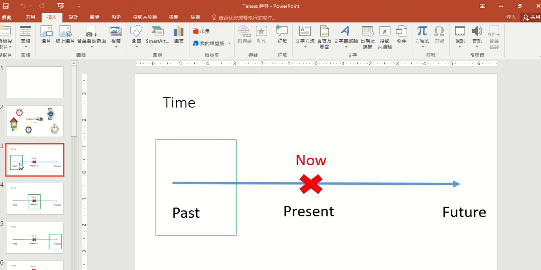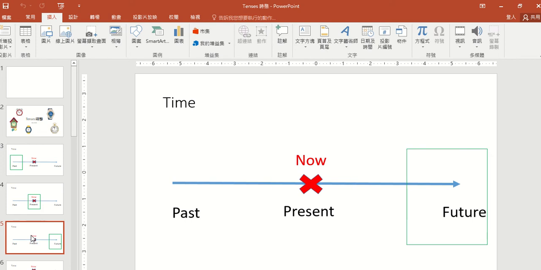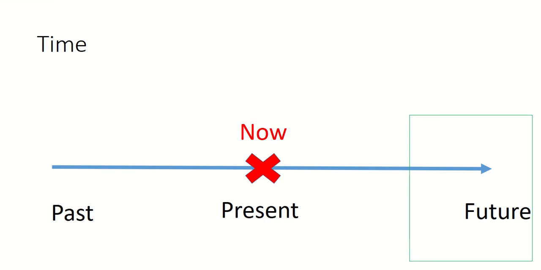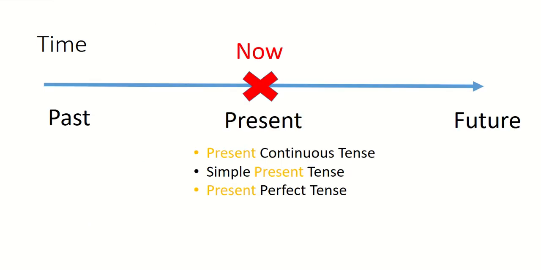Okay, here is a timeline. You can see in English, we divide time into 3 parts: past, present, and future. All right, so it's easy to understand. For present tense, there are 3 types: present continuous, simple present, and present perfect tense.